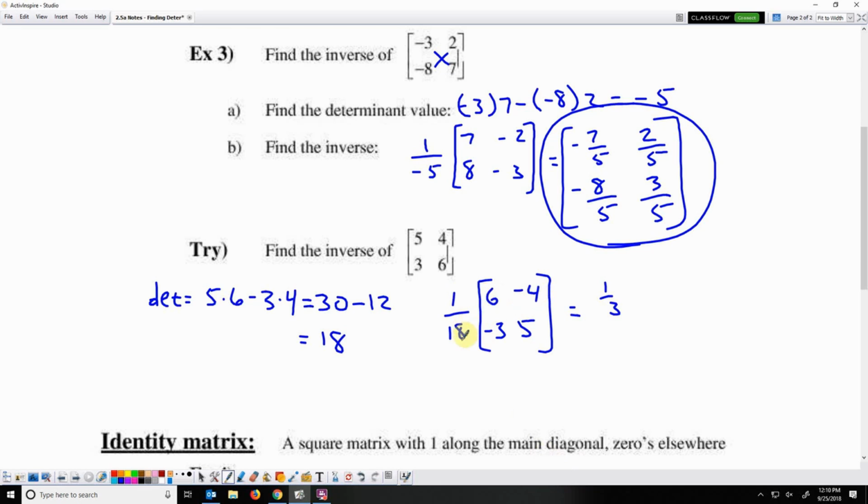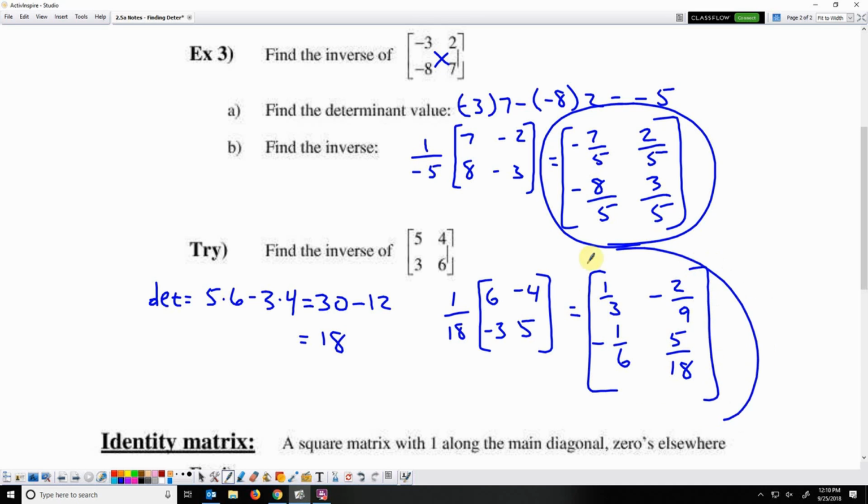Okay, -4/18, so that's going to be negative, and 4/18 is 2/9. -3/18, and 3/18 is 1/6. And 5/18, and that does not simplify. So that is the inverse of the matrix.